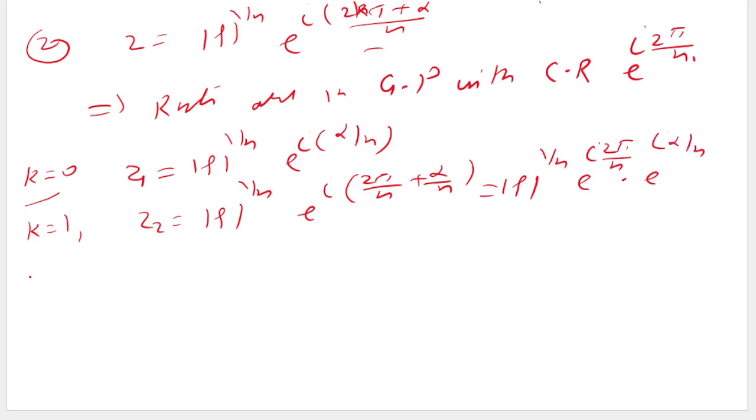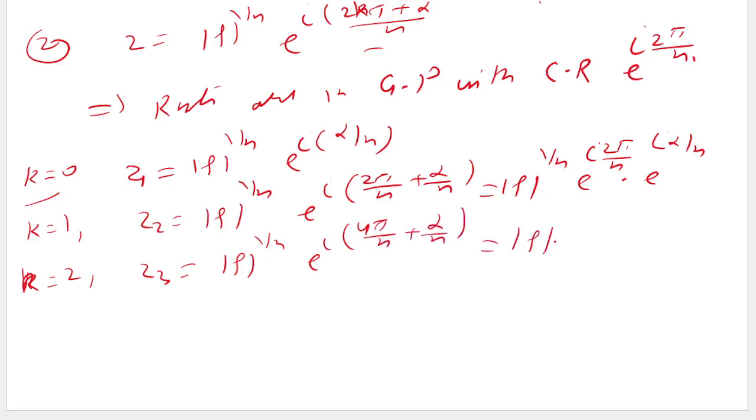If we take k equal to 2, the third root is rho to the power 1 by n, e to the power i (4 pi by n plus alpha by n), which is rho to the power 1 by n, e to the power i 4 pi by n, e to the power i alpha by n. And so on.